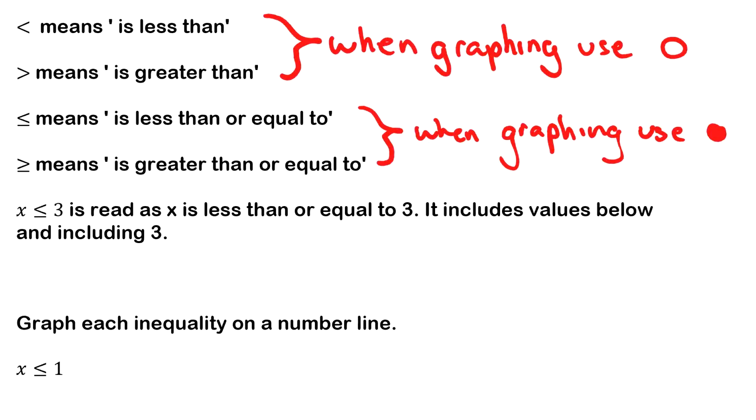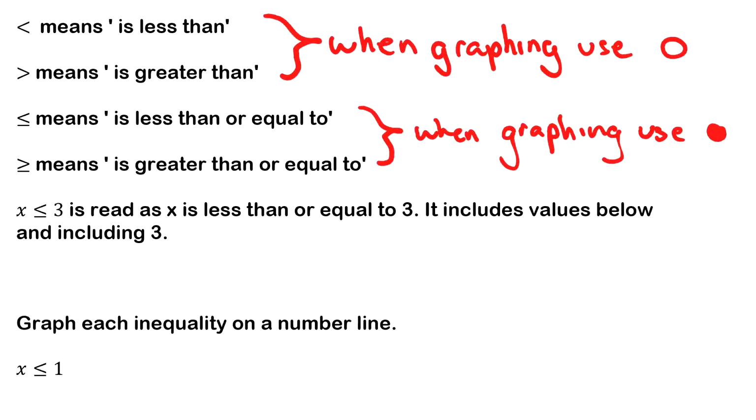If the arrow points to the right, it's greater than. If the arrows have a line underneath, that means or equal to. Now when we're graphing these, if it doesn't have a line underneath it, we use a hollow circle. And if it does, we have a solid circle. I'm going to show you these in examples later on, but it's good to understand that now.